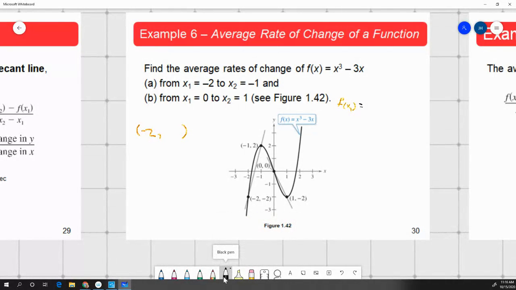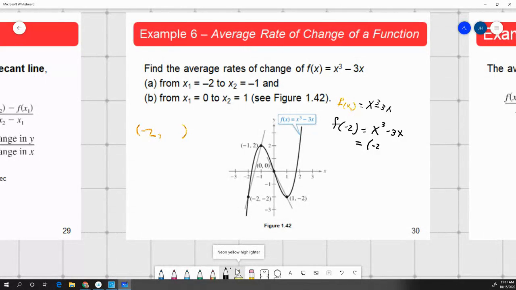Right, our f of x of 1 is basically saying what is this equation when I plug in -2 for x. So what is f of -2 for this x cubed minus 3x? And so it just means wherever I see an x, I'm going to plug in -2.